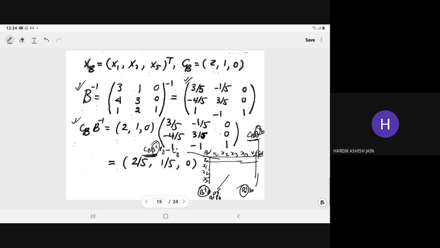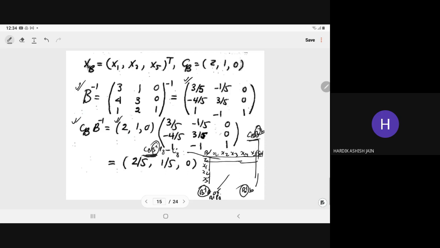CB is the cost corresponding to the basic variables. Basic variables are x1, x2, x5. CB will be C1, C2, C5, and C1, C2, C5 is 210. Clear? So here we compute the CB B inverse.